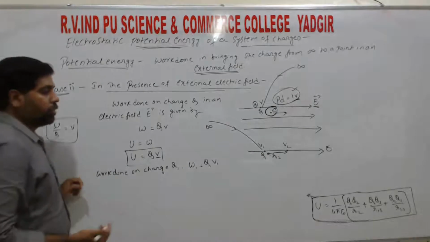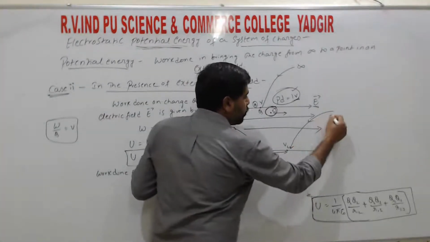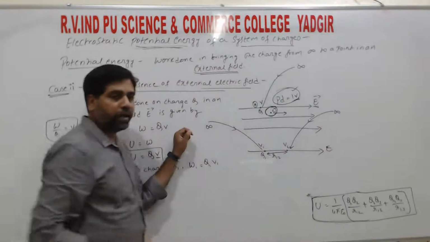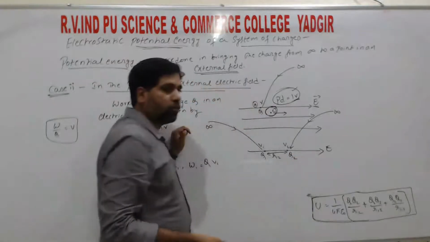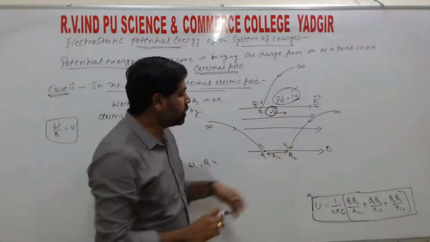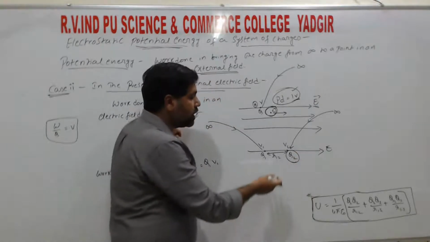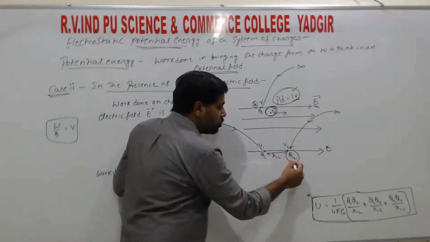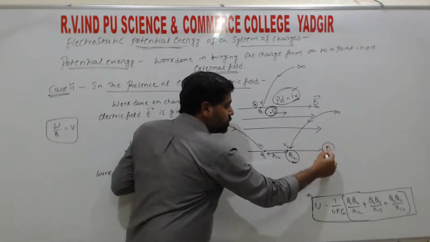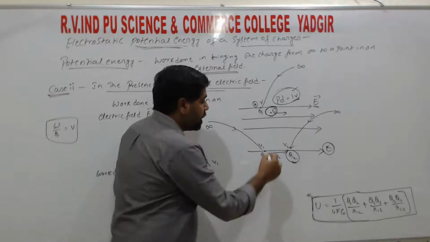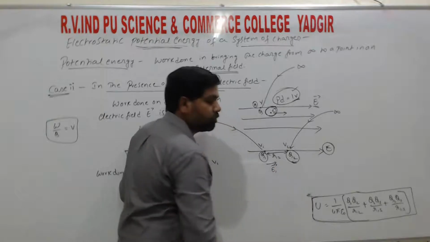Now bring another charge from infinity to the point where the potential is V2. We are bringing one more charge, Q2. If you observe here, this charge Q2 experiences two electric fields. One is the external electric field, and the other is the electric field produced by the charge Q1.